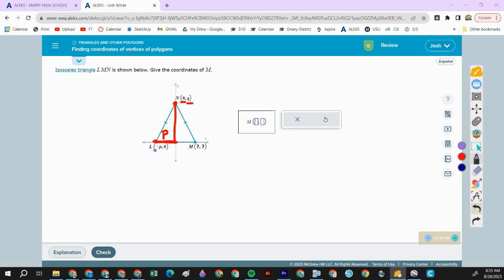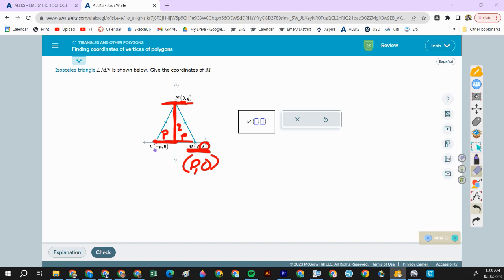So this length is q. So what is the coordinate of this point? Well, how far to the right will it be? P, the same distance as the one on the left. So this is P, and how far up is it? Now Q is from here to here, so 0. So this would be P comma 0.